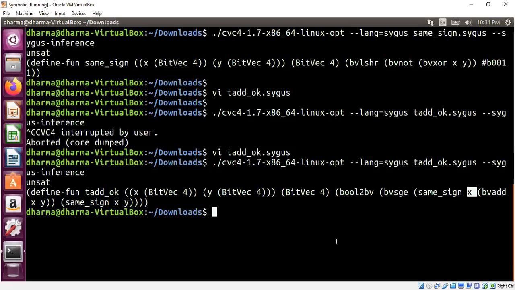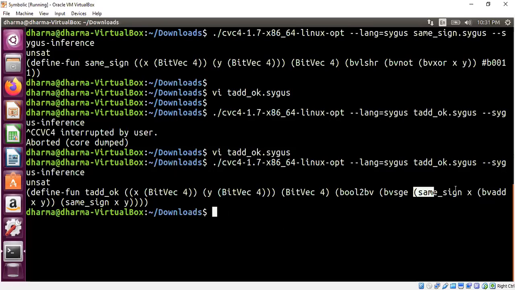So let's assume x and y are both greater than or equal to 0. So in that case, same sign here will return 1, right? And let's assume when we add x and y, there is no overflow, just for a moment. In that case, the same sign of x matches with the same sign of x plus y.